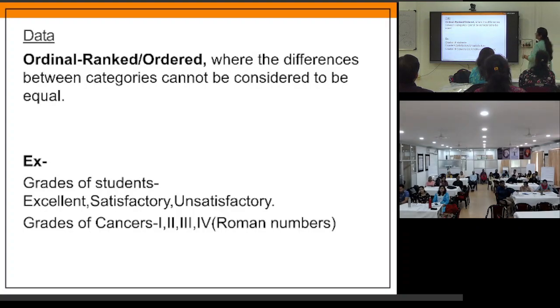But it is not exactly that, like if it is grade 4 cancer, grade 4 cancer is exactly twice grade 2, there is no such straight calculation. Okay. That is why the differences between the categories cannot be considered to be equal. So you cannot say here that grade 2 multiplied by 2 is equal to grade 4. It is just showing you the order, satisfactory, unsatisfactory. This grading you have done, so there is just an order.